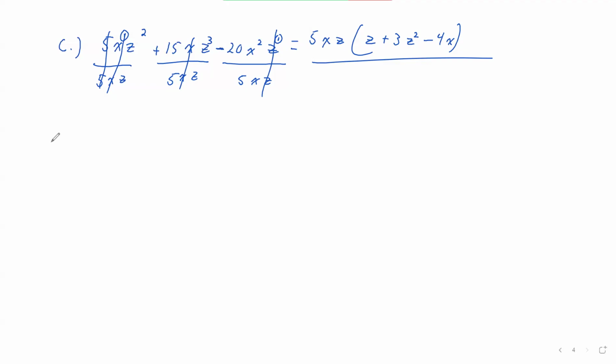Let's try this next one. Negative 3b squared d plus 12b squared minus 15b cubed d squared.